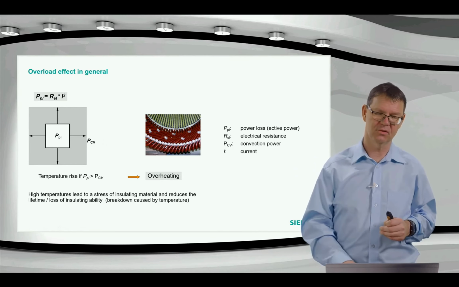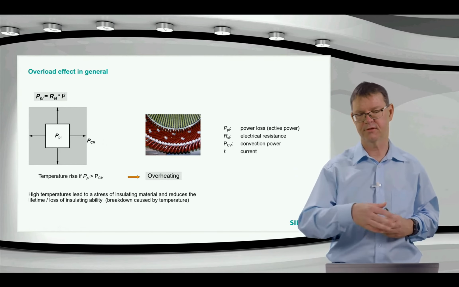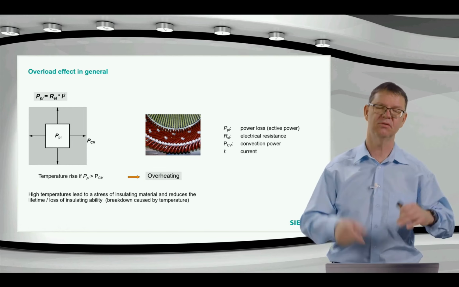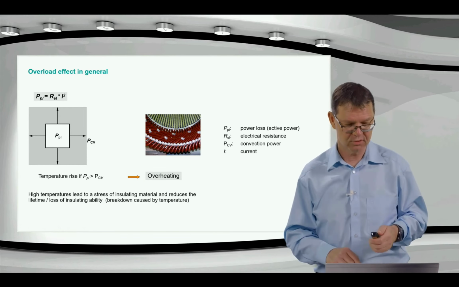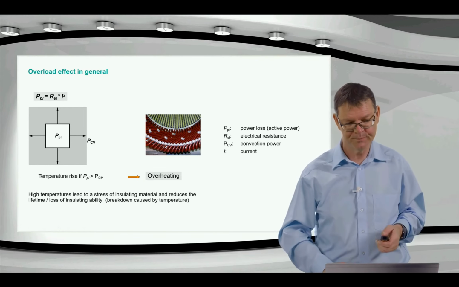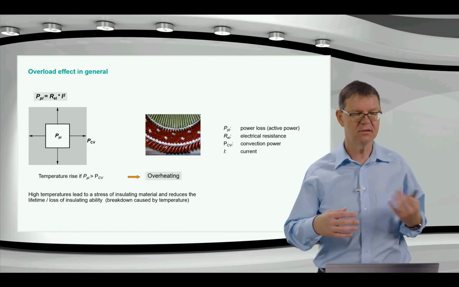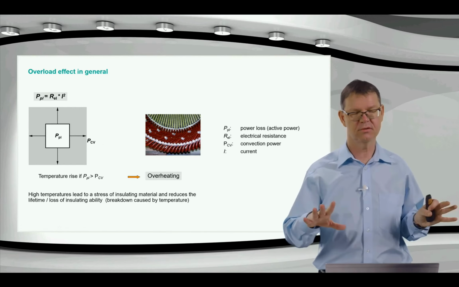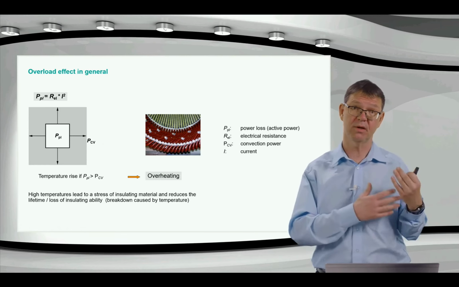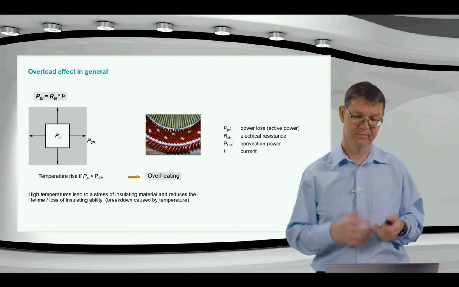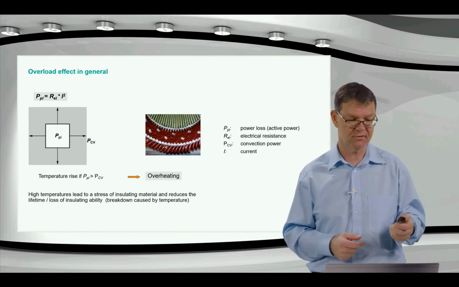Here we call that convection because often there is an air stream inside the motor that carries away heat, so ventilation here. And in a steady state situation, the power that goes out is identical with the power that I bring into the motor that heats up the motor. So I have a temperature difference at the end.